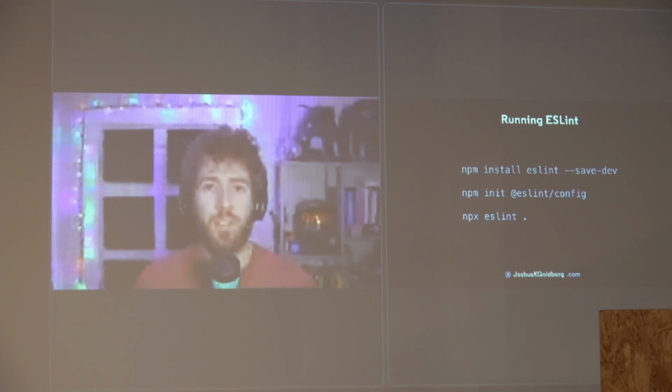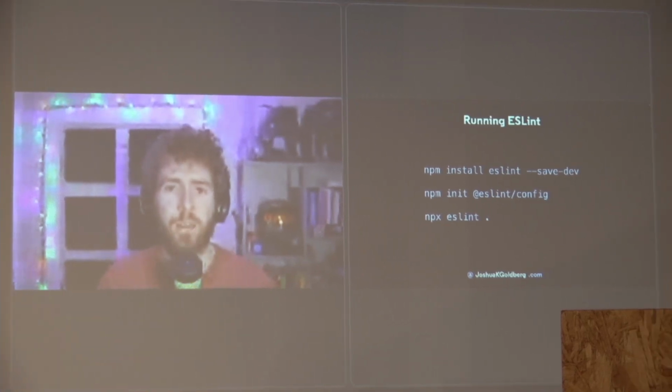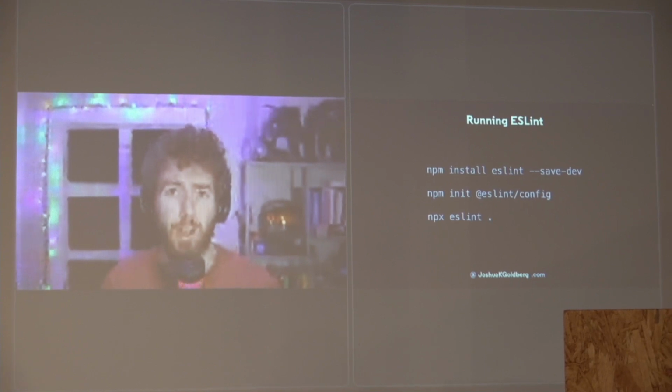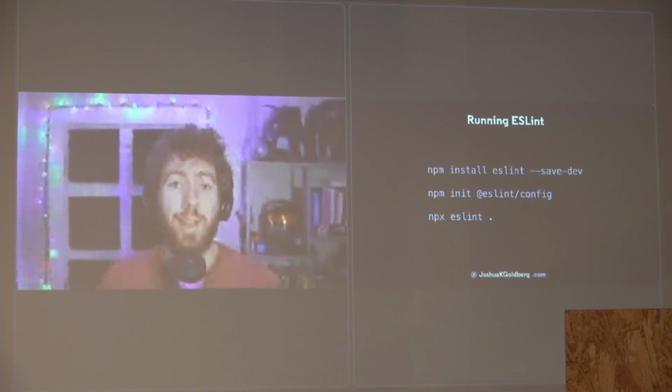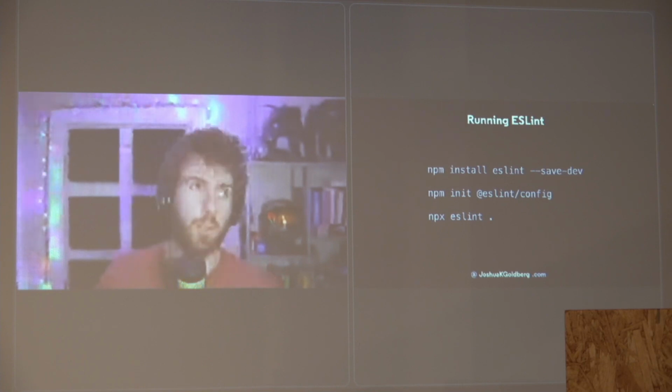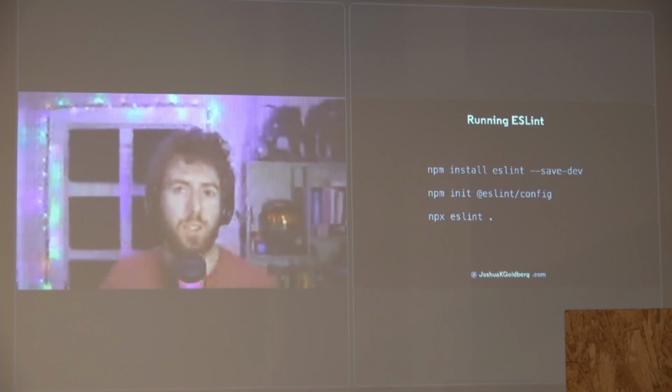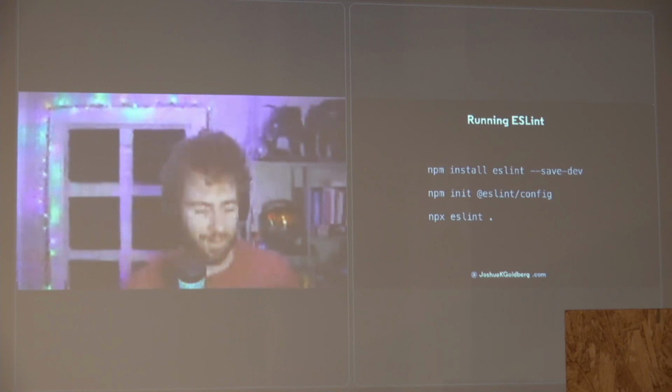It's this nice little tool that will walk you through setting up an ESLint config for the kind of project you have. And then you can run npx eslint . Dot or period is a directory path to the current directory. So you're in essence telling ESLint to run on the current directory. Good stuff.